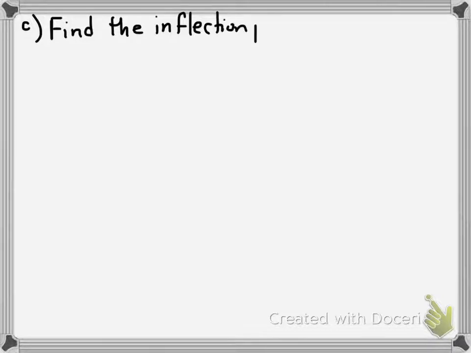We're now going to move on to part C, and part C asks us to find the inflection point precisely. Okay, so that means that we're going to have some calculations to do.